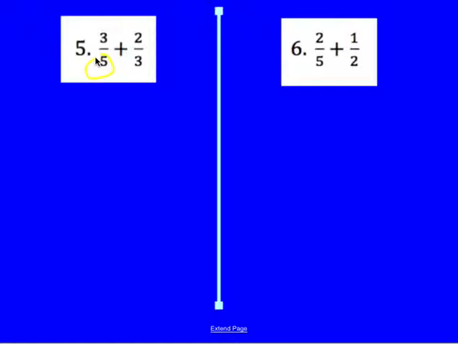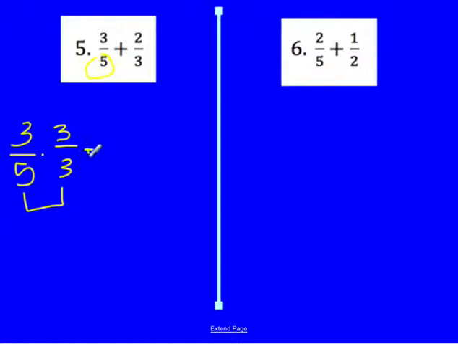First I need to think, what do I need to multiply 5 by to get 15? That's going to be 3. So I'm taking the fraction 3/5 and multiplying it by 3/3, shooting to get that 15 on the bottom. Multiplying by 3/3 is really the same as multiplying by 1, so I'm not changing the value of my problem.